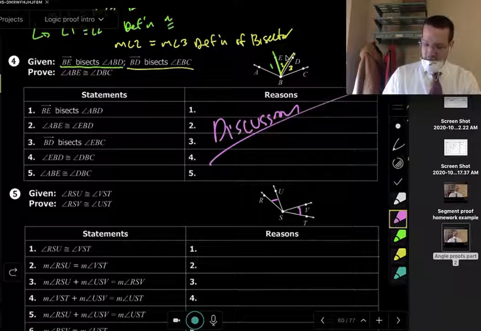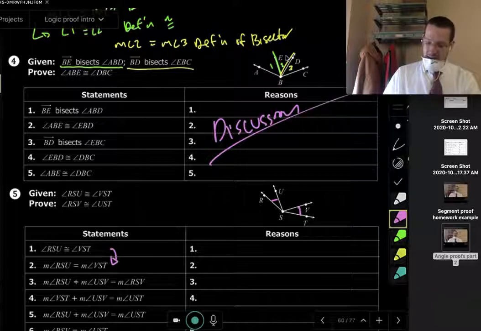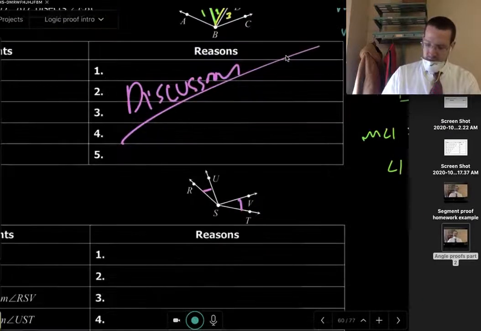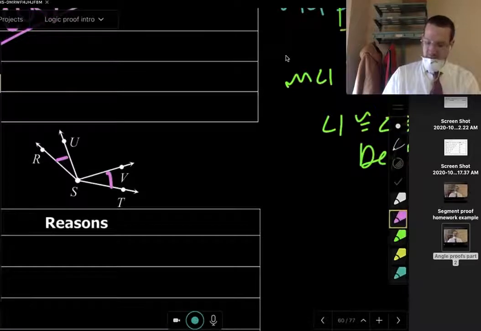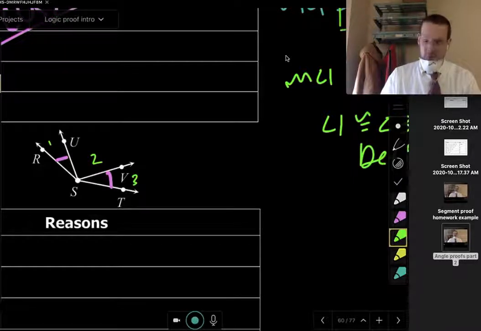Okay, so again, I'm looking at this, and I'm really starting to see it. Of course, I'm going to use the definition of congruence to turn this into an addition problem. So I'm just going to name these 1, 2, and 3. In the discussion, this will help you because it will really help you get your thoughts together.